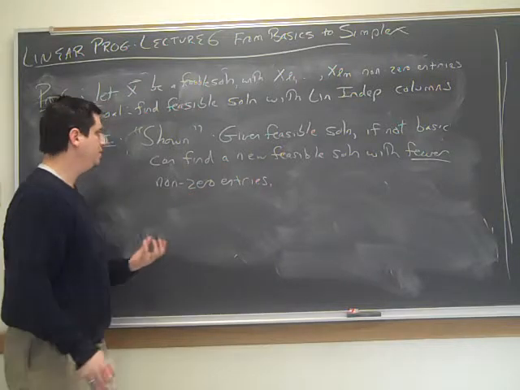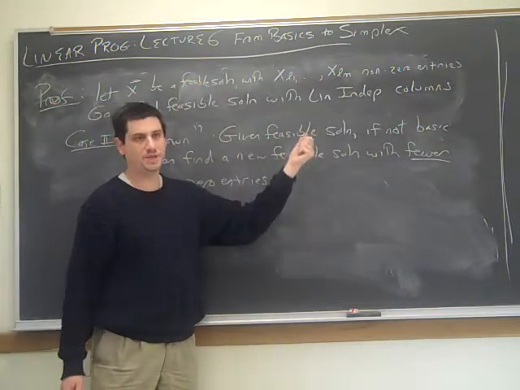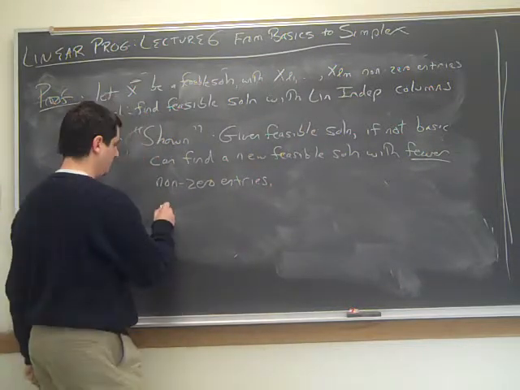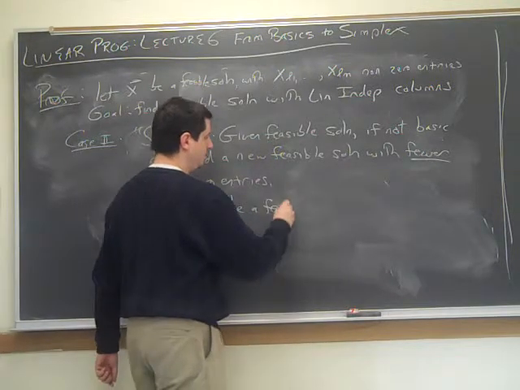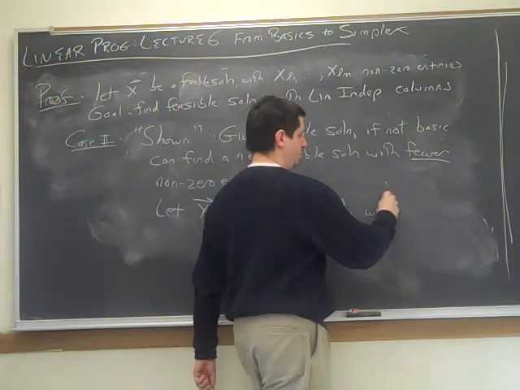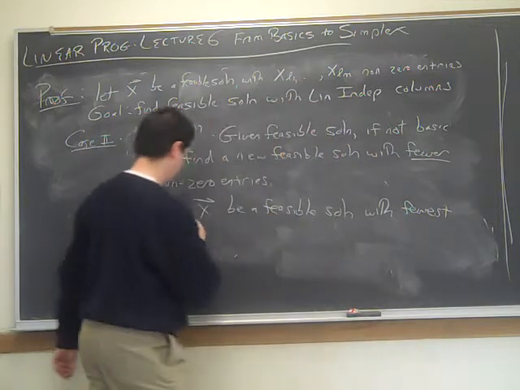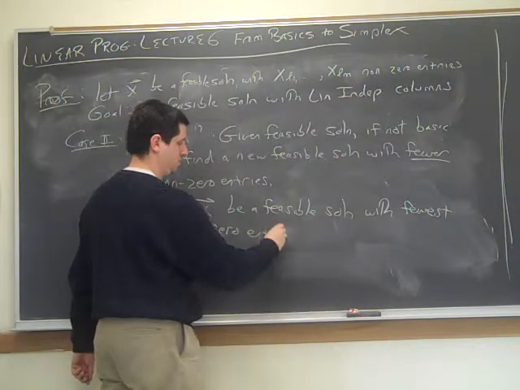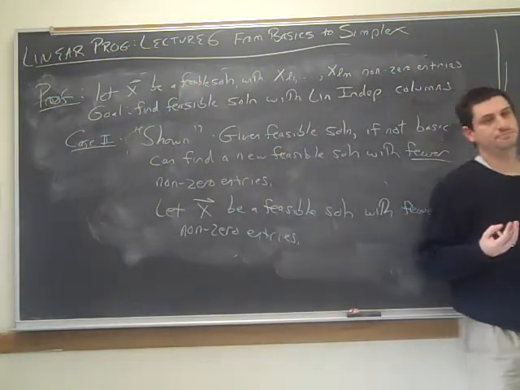And so now I claim we're basically done. The reason we're done is we've shown that if we have a feasible solution, and if it's not basic, we can find a new solution with fewer non-zero entries. So let X be a feasible solution with fewest non-zero entries. Remember, X has n entries.